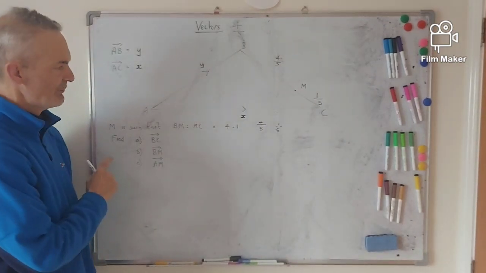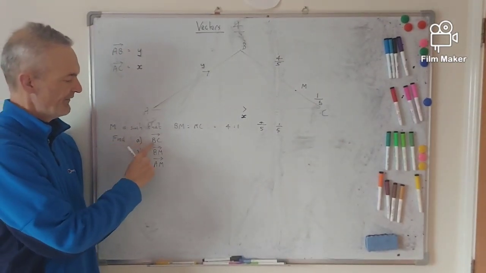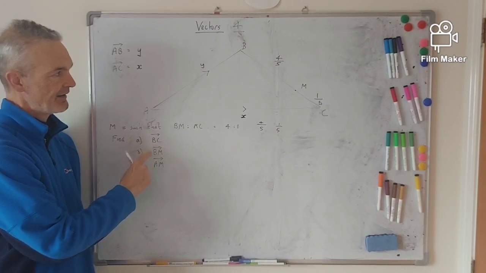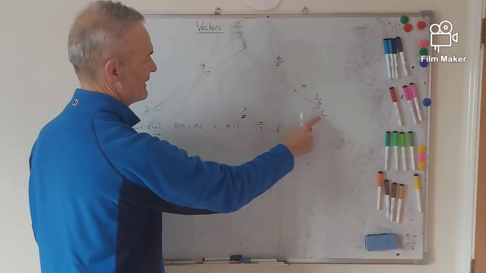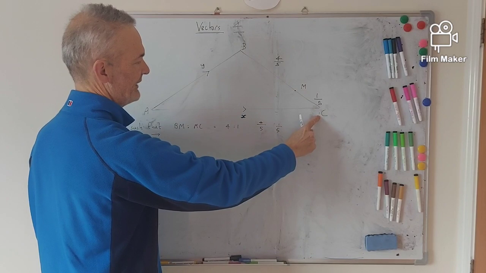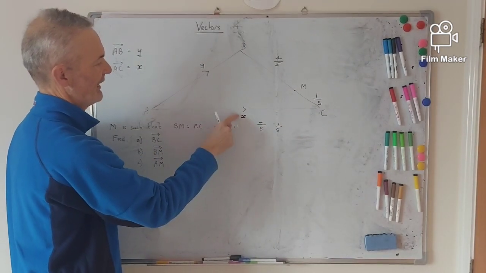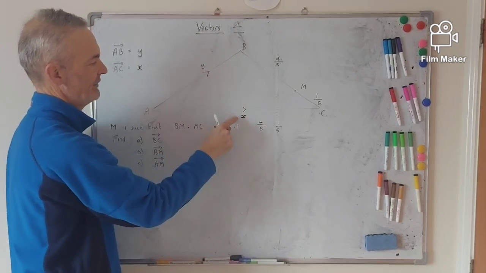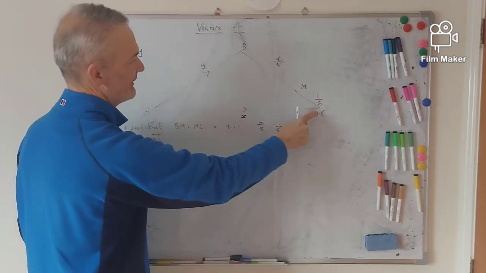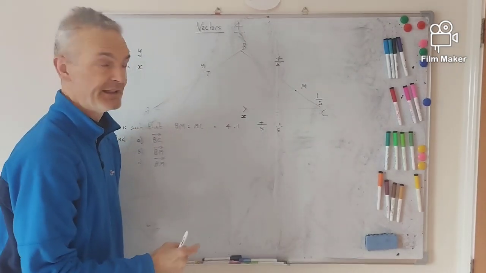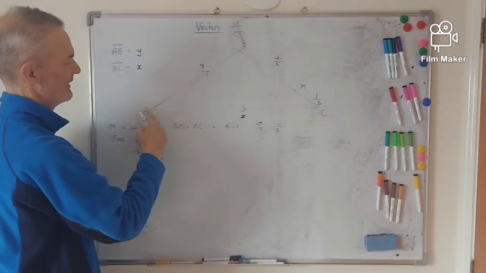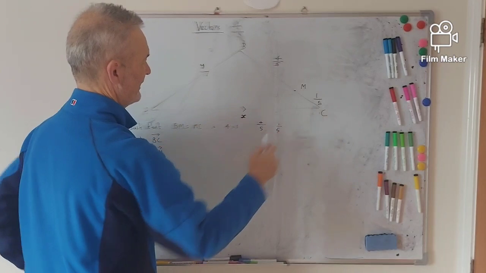So we've got some questions here. We want to find BC to start with. So that's the vector from B all the way down here to C. And we're going to do that in terms of the vectors we've got, x and y, these two. So to get from B to C using vectors that we know, we're going to travel down here and across here.